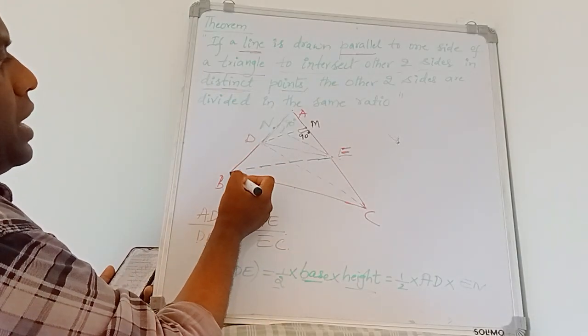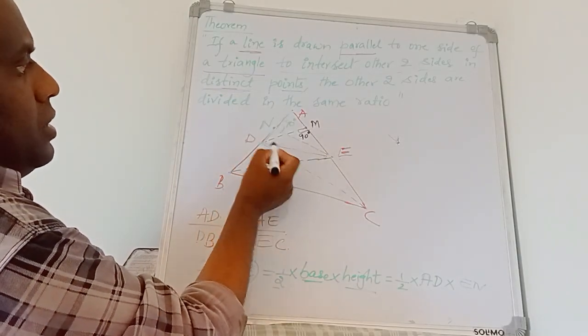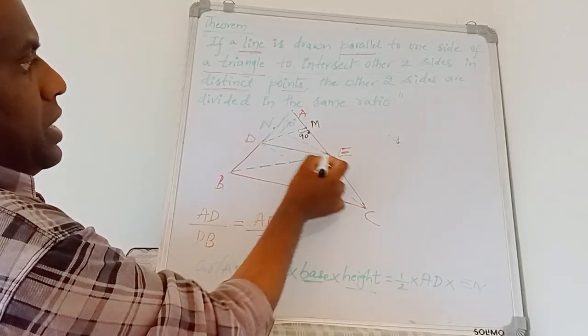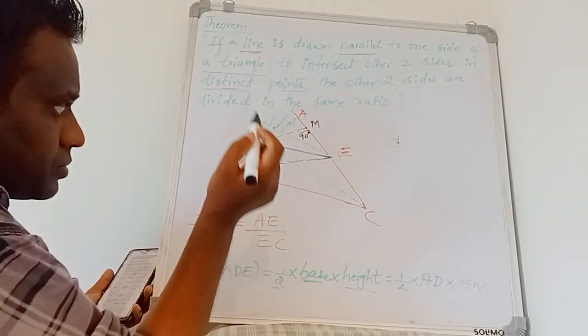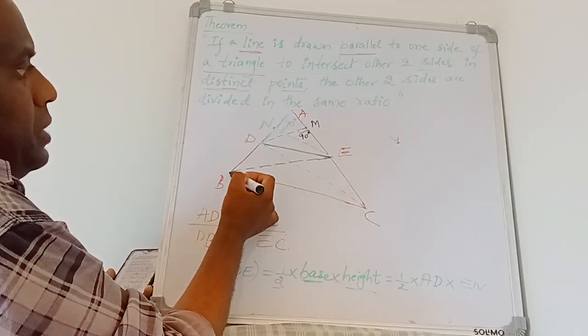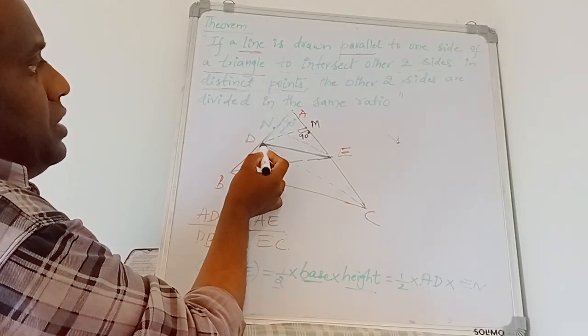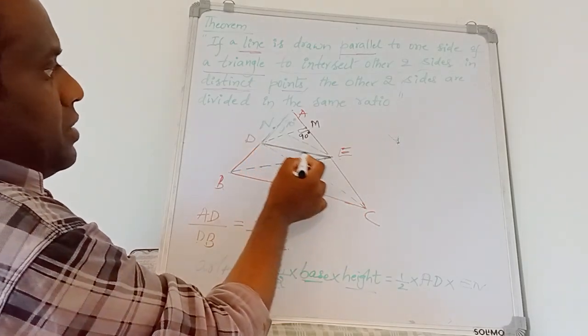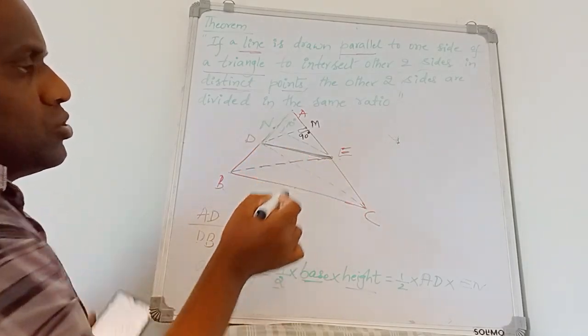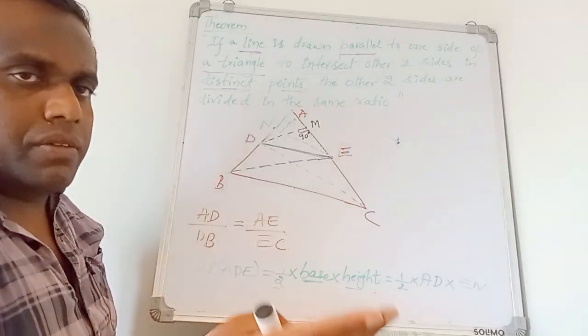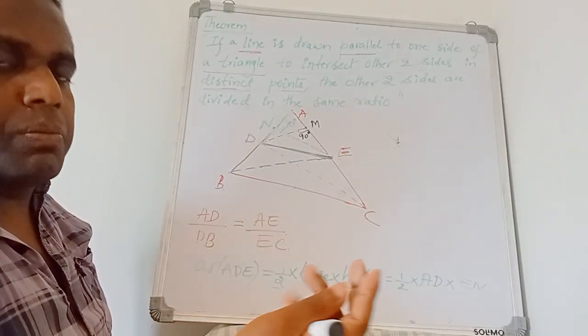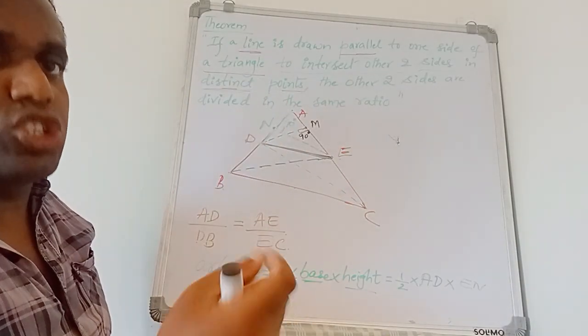For triangle BDE we have side DE, and for triangle DEC also we have side DE. I already said in a triangle we can take any side as the base depending on the problem and the situation.